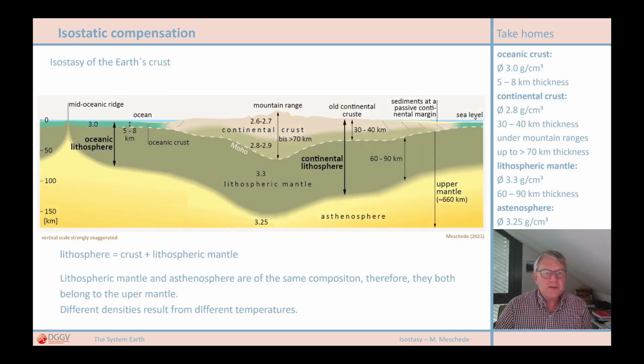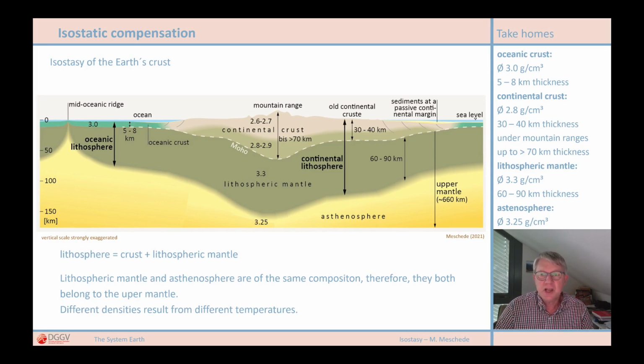This model was created from all of these considerations and using all data available today. It has everything that is known from geophysical studies, for example about the lower limit of the lithosphere. The lithospheric mantle has exactly the same material composition as the asthenosphere, which represents the uppermost mantle.